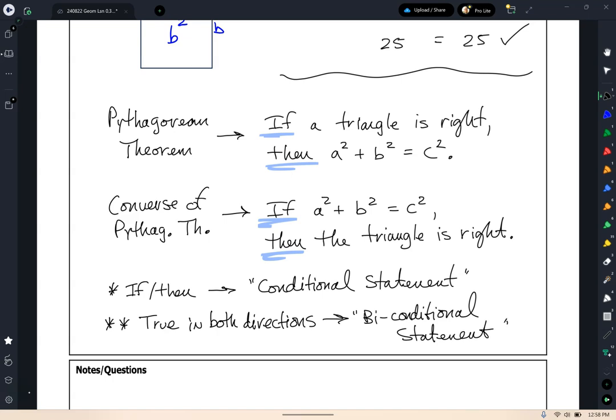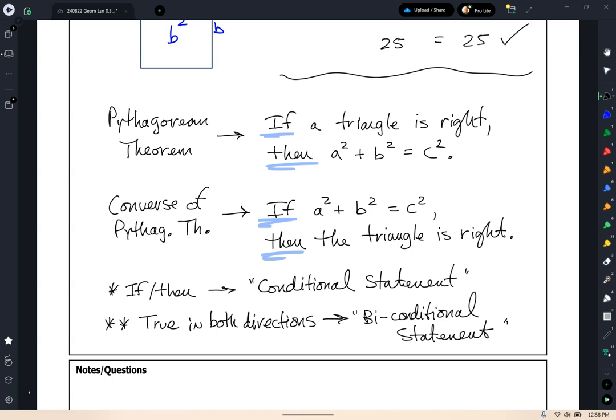So again, we're just putting some formalized geometry language with some of this here, okay? So the if-then is a conditional statement, and if it's true in both directions, if we can turn around and walk the other direction on the same sidewalk, then we have what's called a biconditional statement.